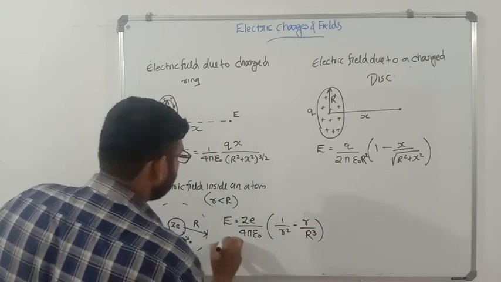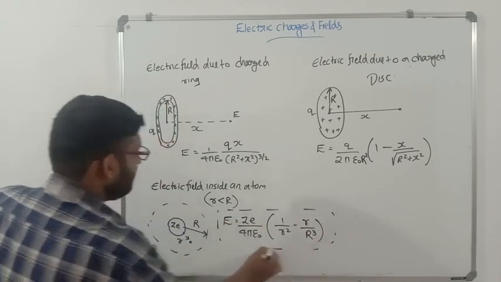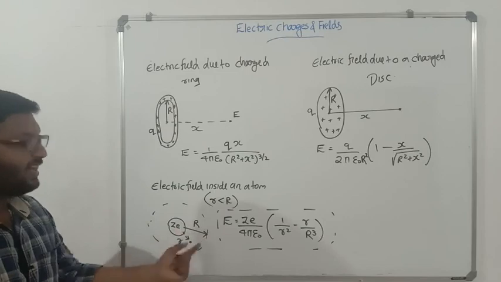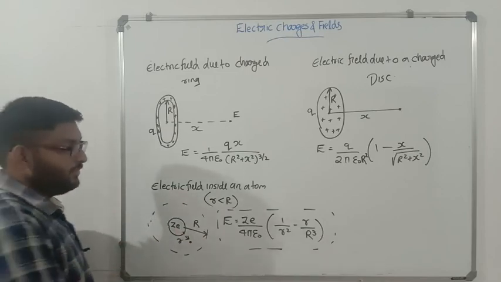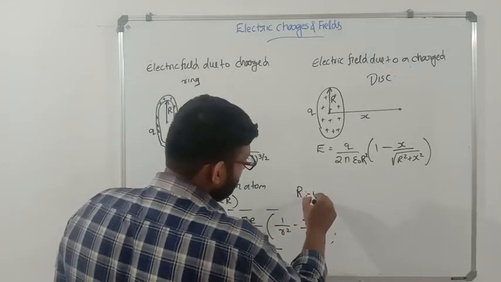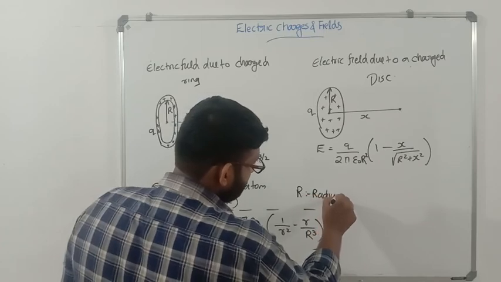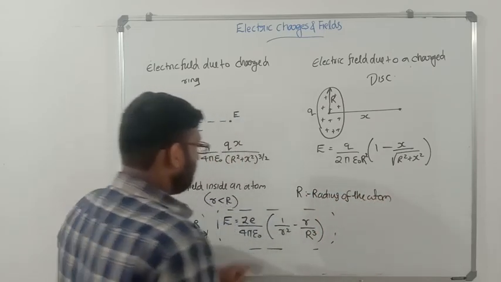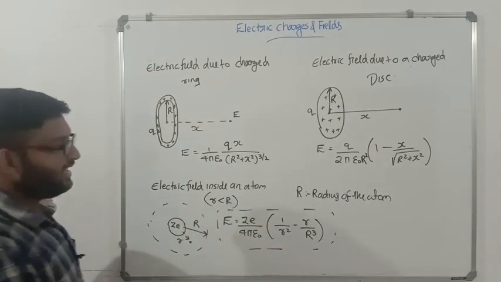Look at here, where r is the point where we need to find electric field. Capital R is the radius of the atom. If we know this, Z is the atomic number.